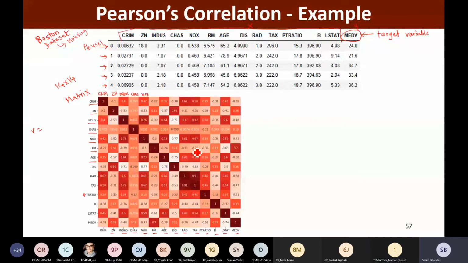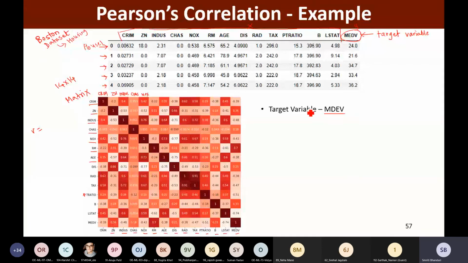Once we have created this matrix of correlation coefficients, we are going to decide which are the important features that we should retain, and the features that we should not keep. So how to do that? As I stated, our target variable is MEDV.